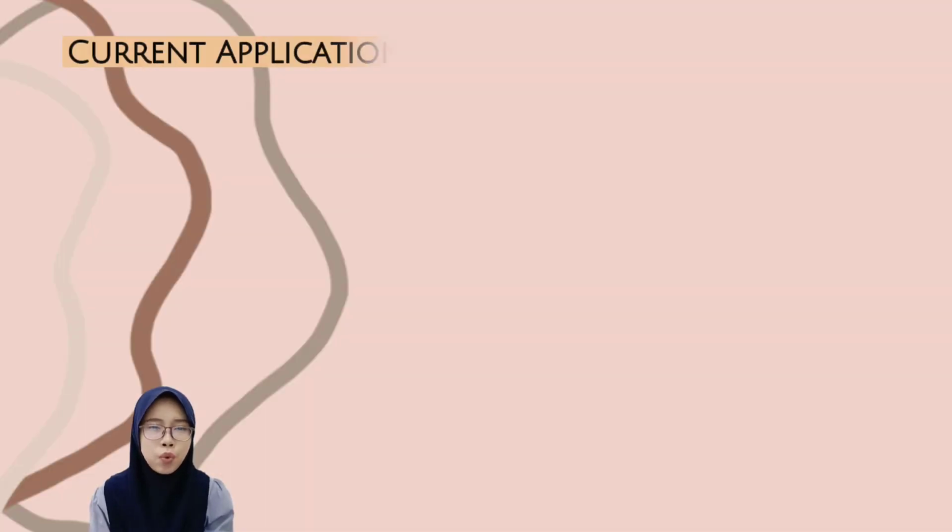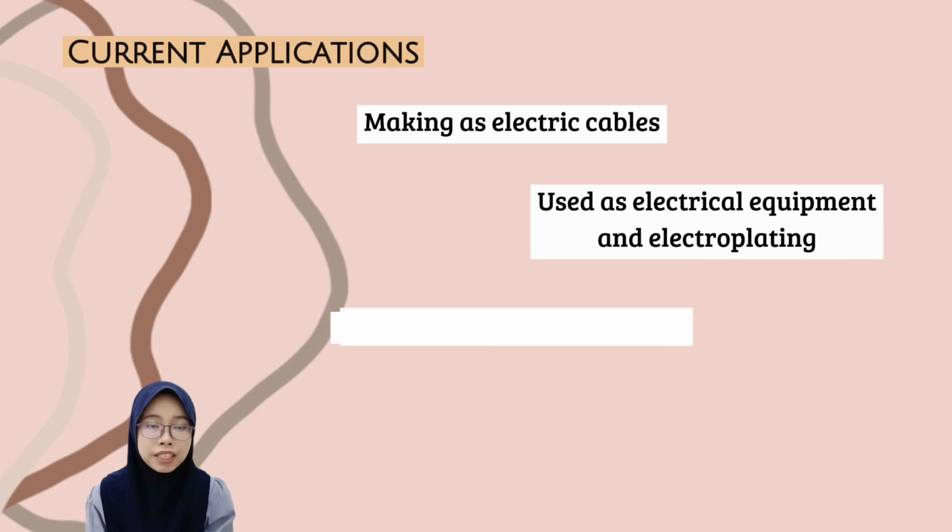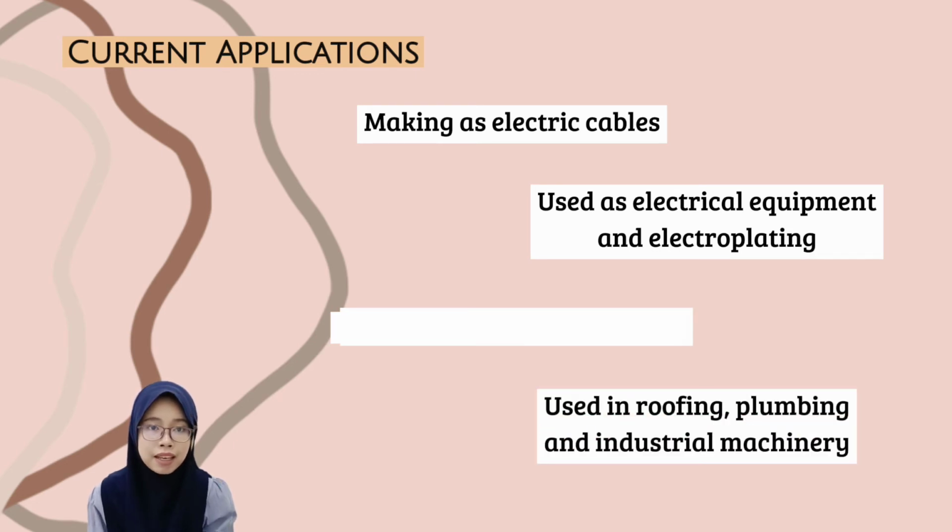Nowadays, copper is widely used in many industries. One of them is electric cables. As we have learned before, copper conducts both electricity and heat very well and can be drawn into wires and cables.